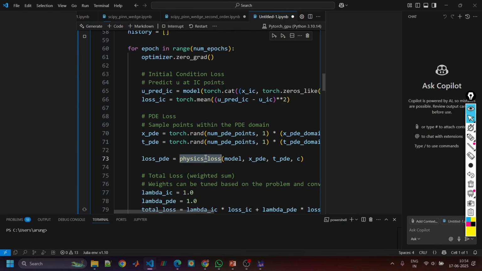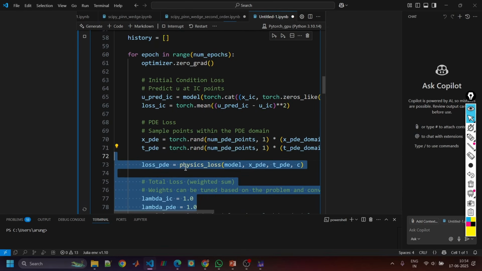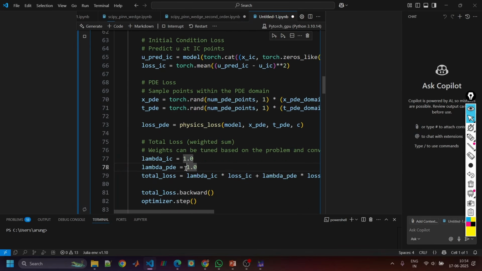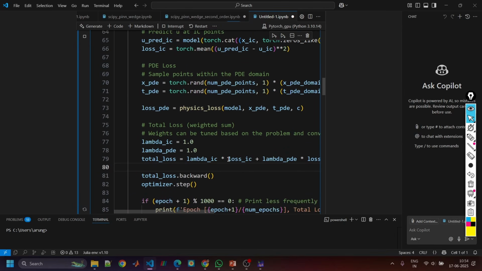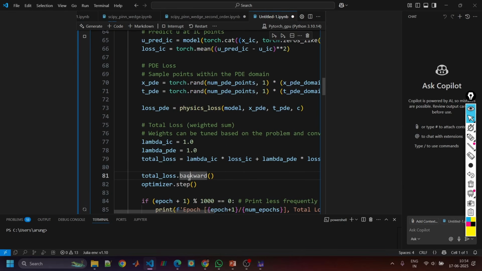After that, they have calculated the PDE loss. We already went through this function. Here they have given equal weightage to the initial and PDE losses, and the total loss is just the sum of these values. After that, we calculate the gradient of that loss function with respect to the parameters.